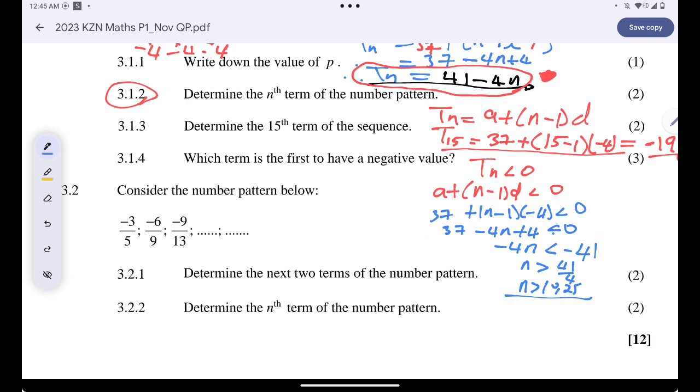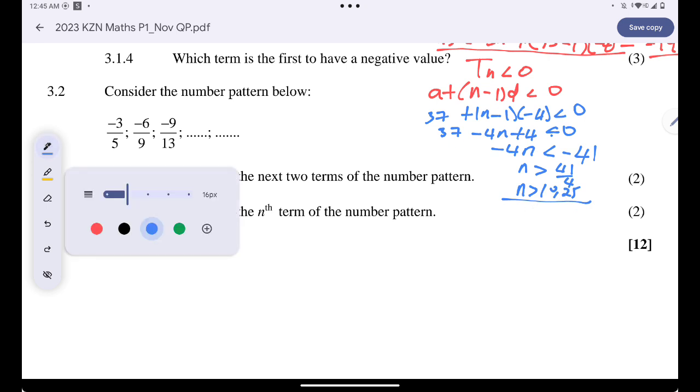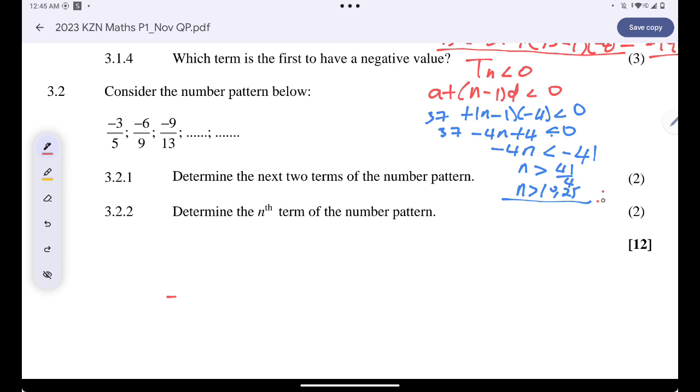Okay, so they wanted me to find the first term which is negative. I'll simply find the first integer that comes after 10.25. I'll say, therefore, my n is the first integer that comes after 10.25, which is T11.